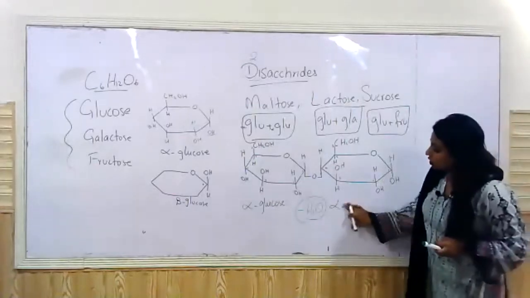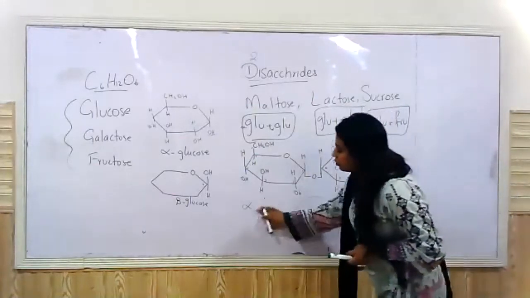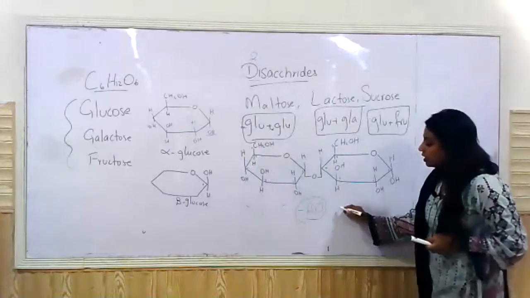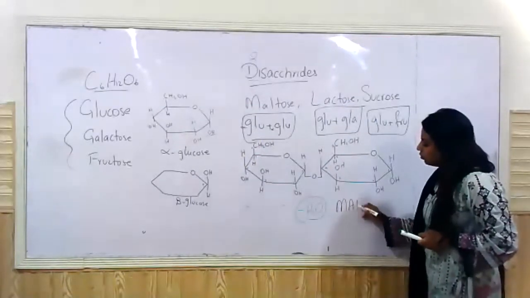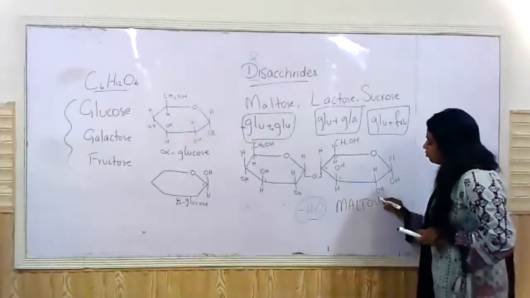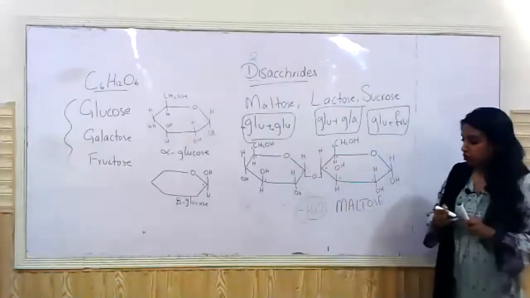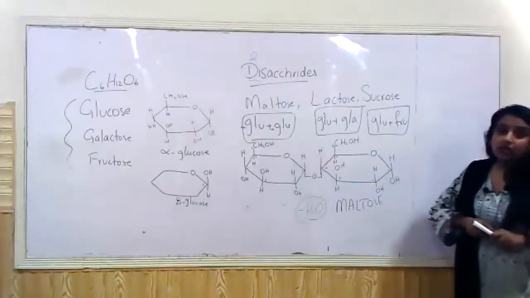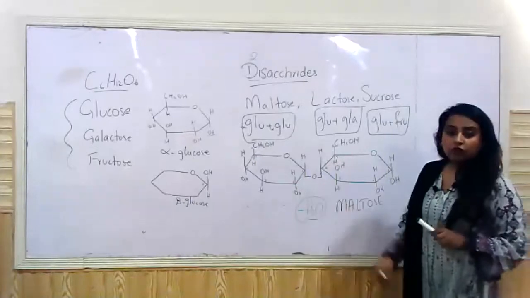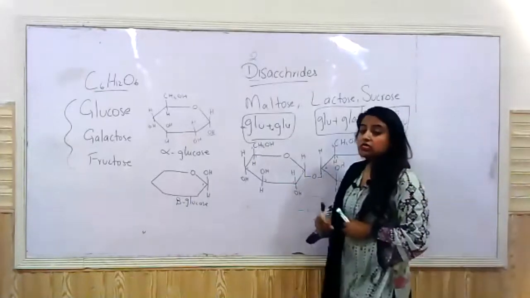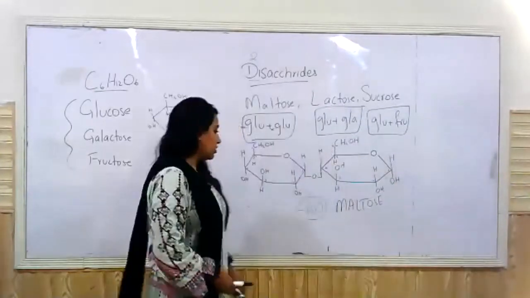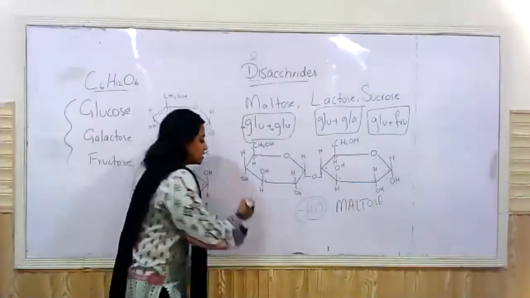Now they're no longer called alpha glucose. Now they're termed as what? A maltose molecule. This is the structure of a maltose molecule. And the reaction that occurs by the removal of water molecule, that reaction is termed as condensation reaction. What has taken place?